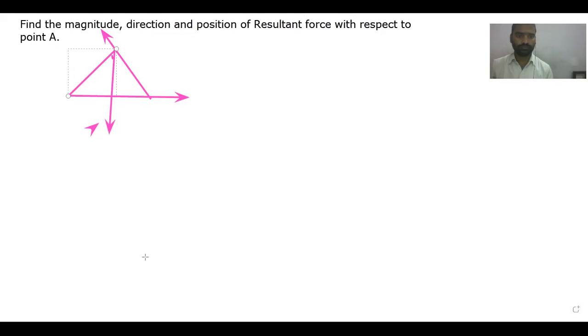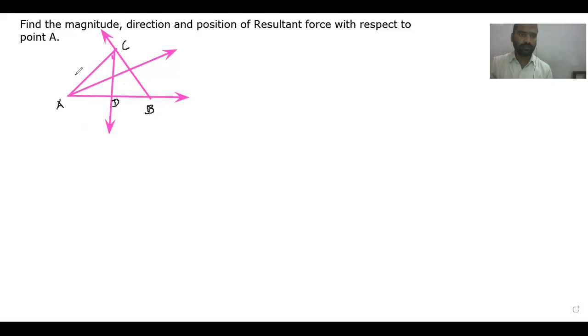Naming the points: the first point is A, this point is B, this point is C, and this point I will take as D.